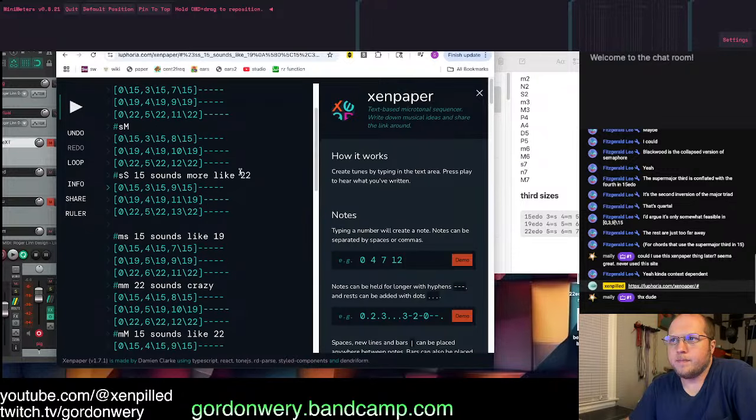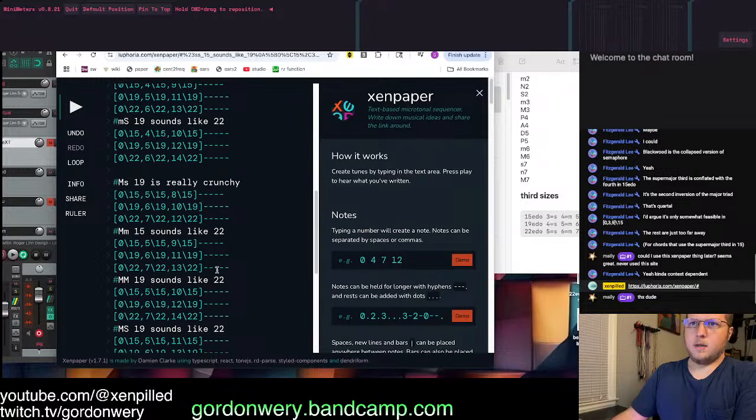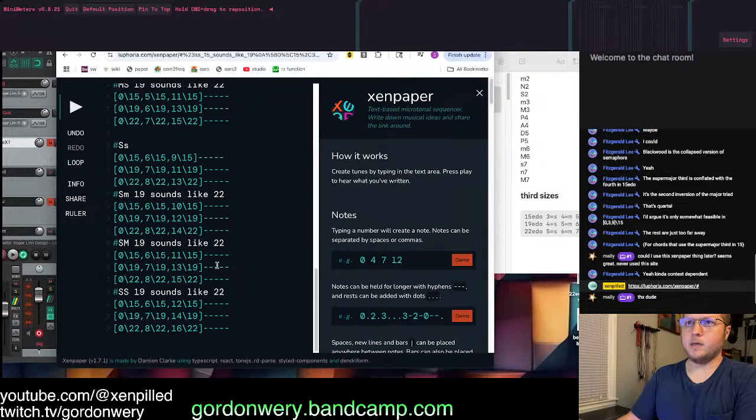But it wouldn't be that hard to do this, just loading up 3 synths and setting one to each tuning and putting it in piano roll. That'd be a good way to do it as well.